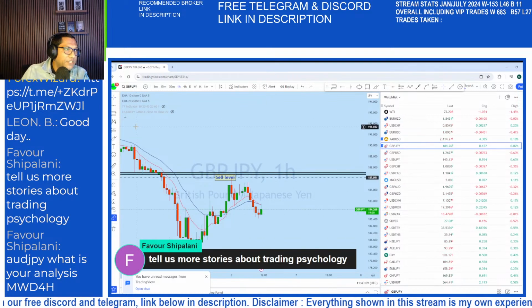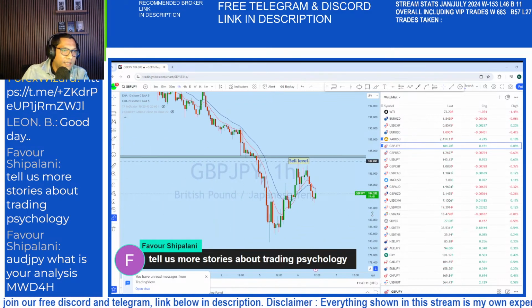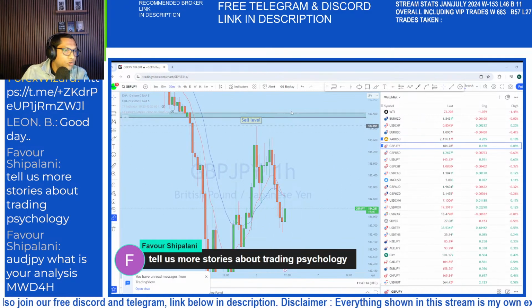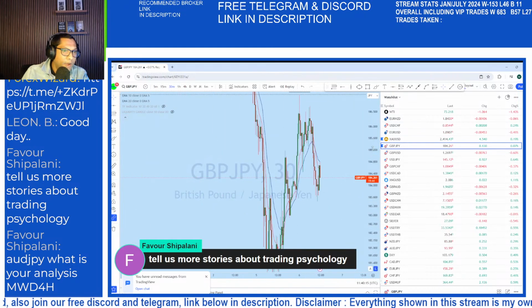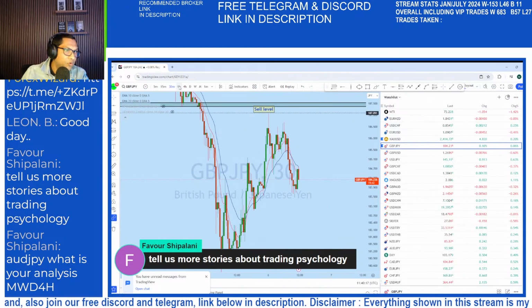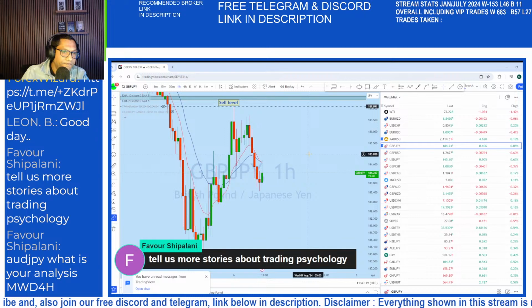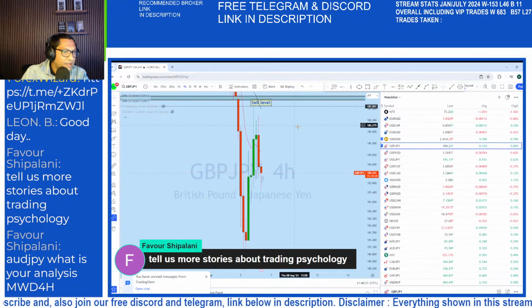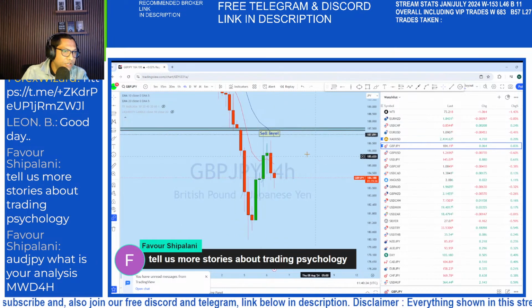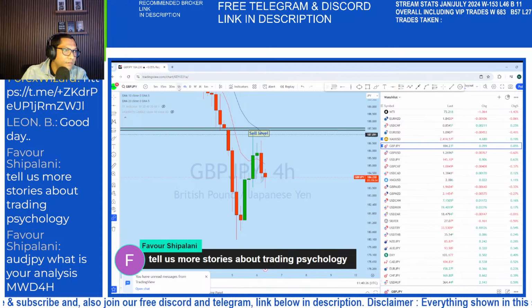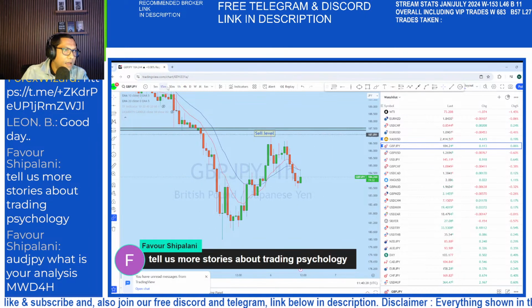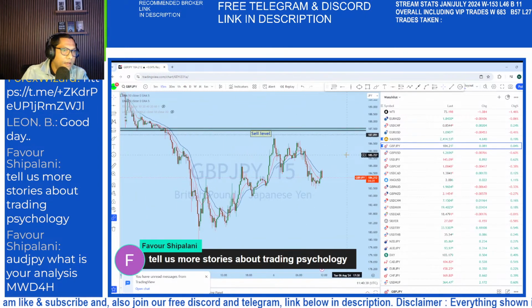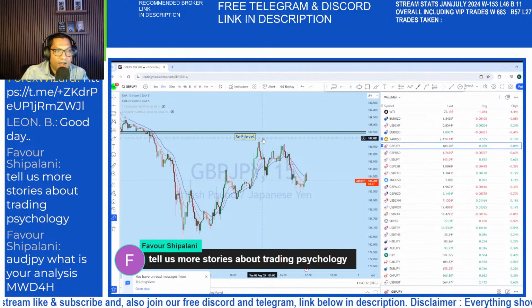Going back to GBPJPY, the sell level is far more to the upside. We might see rejection before moving to the sell level, but the reason I said it there is because you can see this is a very important level, and also the daily high.